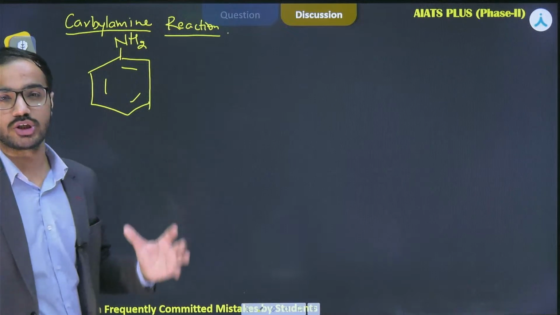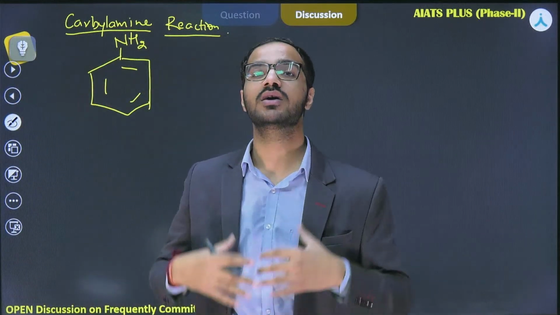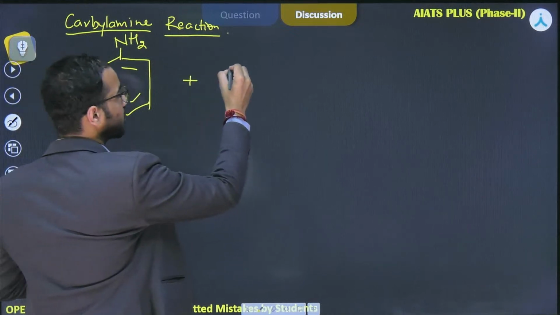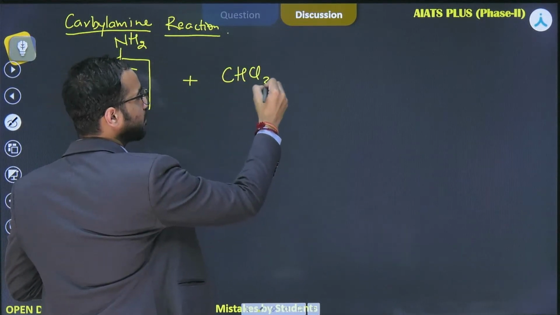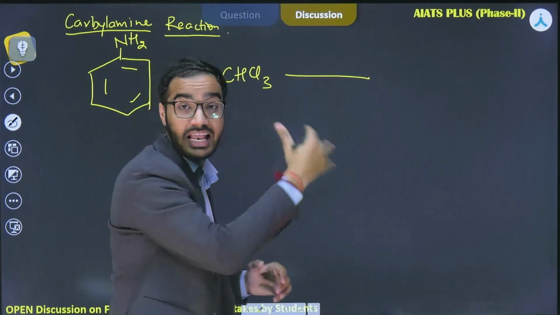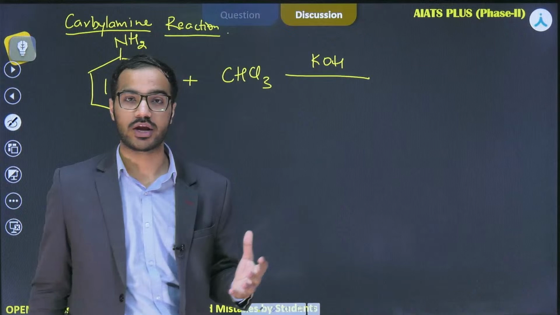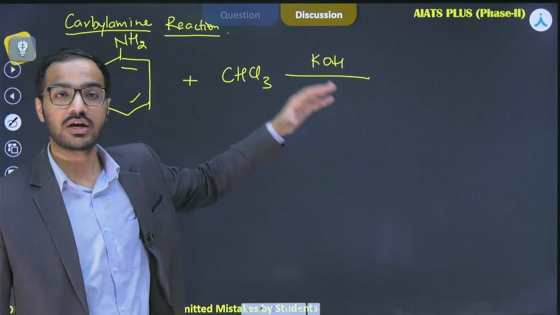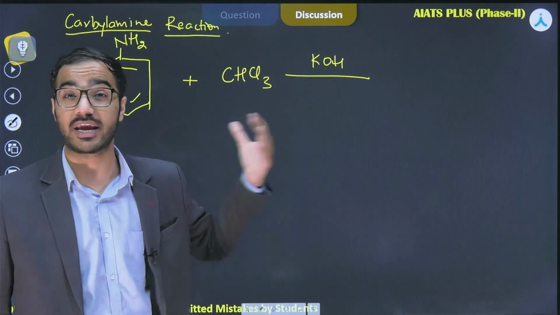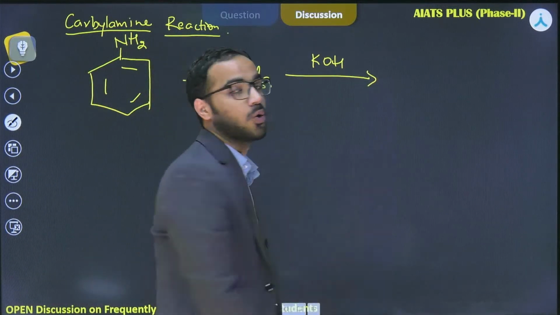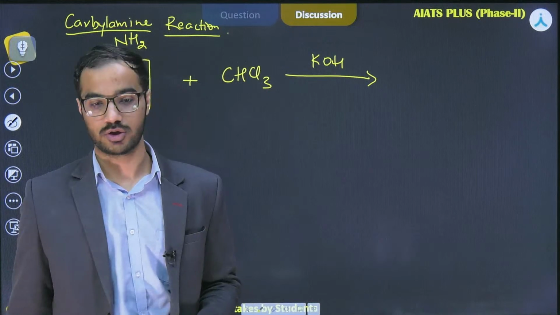In this reaction, we take aniline as a substrate and react it with chloroform in the presence of an alkali called KOH. What will you get? This is the product. We will try to identify it by using the mechanism, then we will write down the product formation directly. So let us go to the mechanistic approach of this reaction.